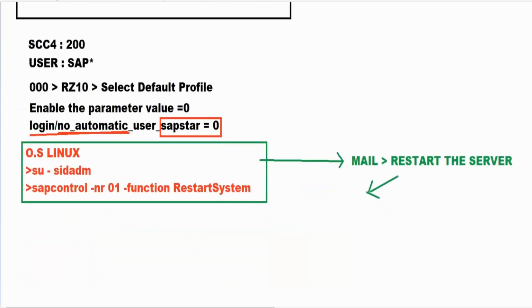Restarted successfully, and now we are able to do the work. You'll get the mail like that, successful, so you'll get the mail revert from the OS team.